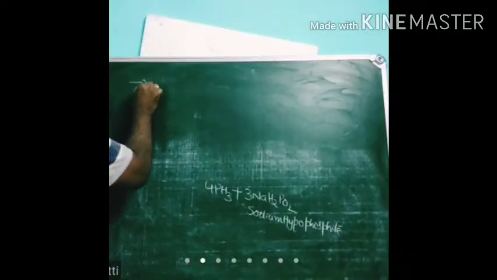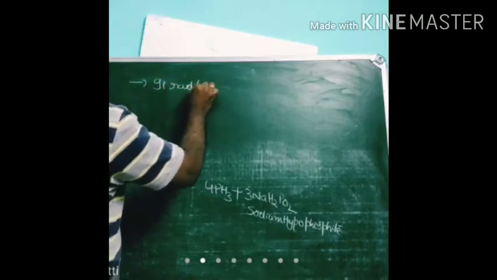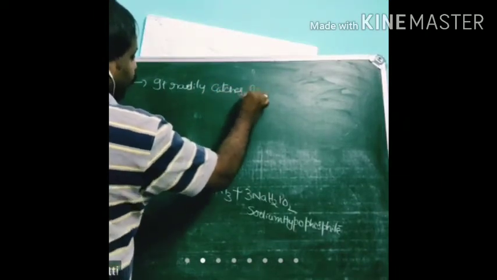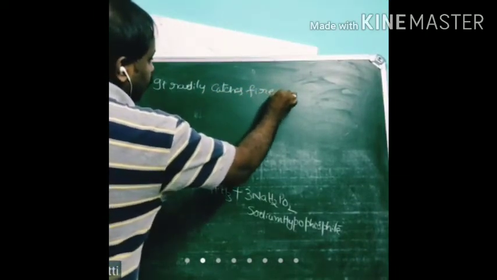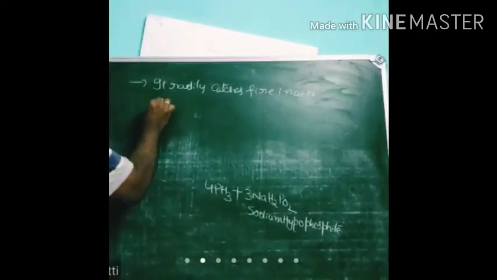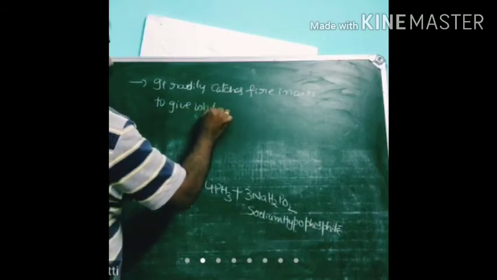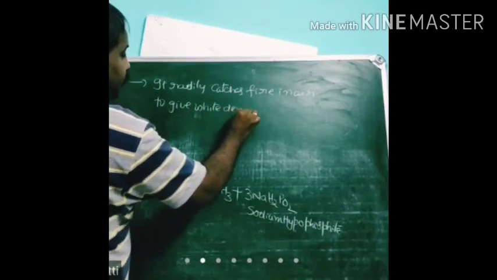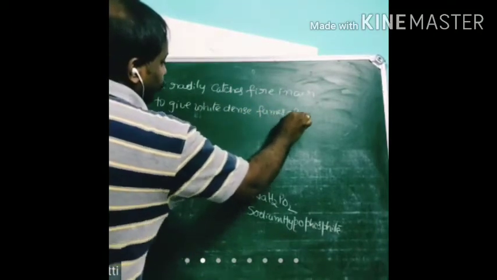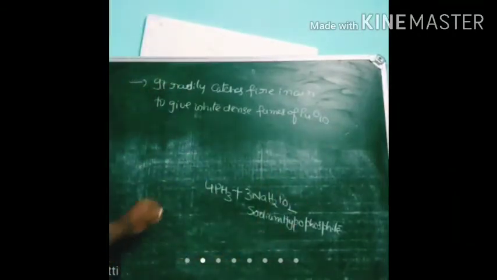It readily catches fire in air to give white dense fumes of P4O10, phosphorus pentoxide is formed.